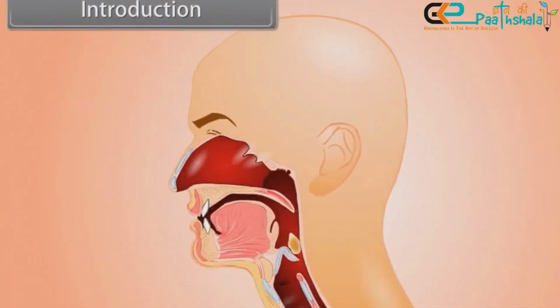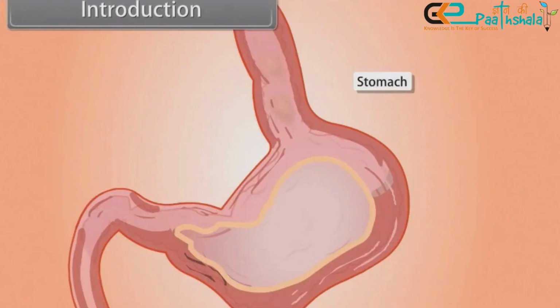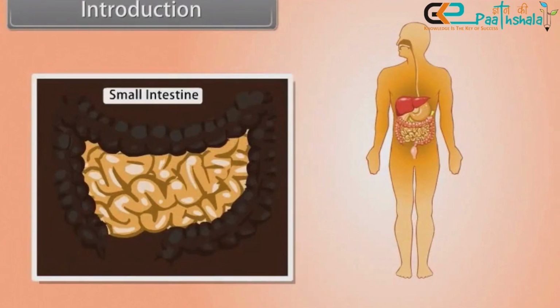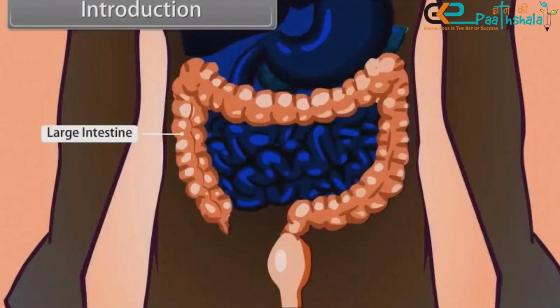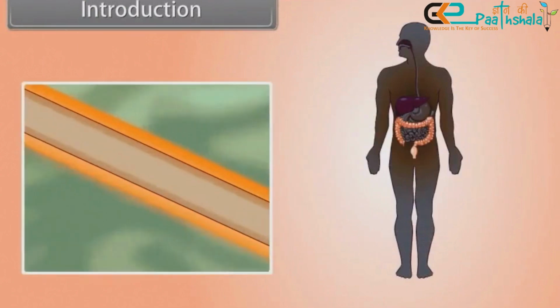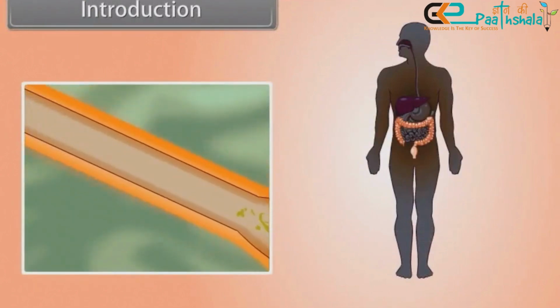Yes, through the mouth and then through the esophagus, food goes to the stomach where digestion of protein starts, and then food enters into the small intestine, from where the undigested food goes to the large intestine and is then ejected out from the body through the anus. After the digestion of food, the nutrients are absorbed from the digested products.